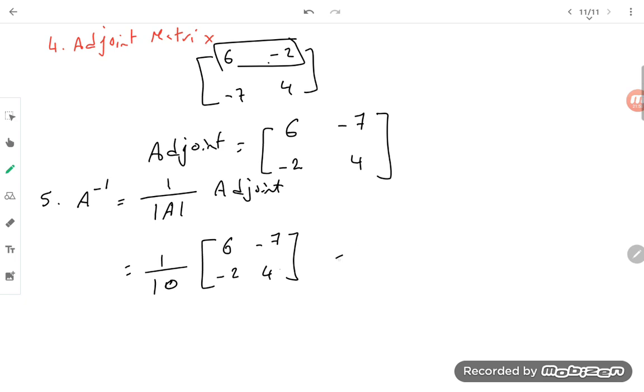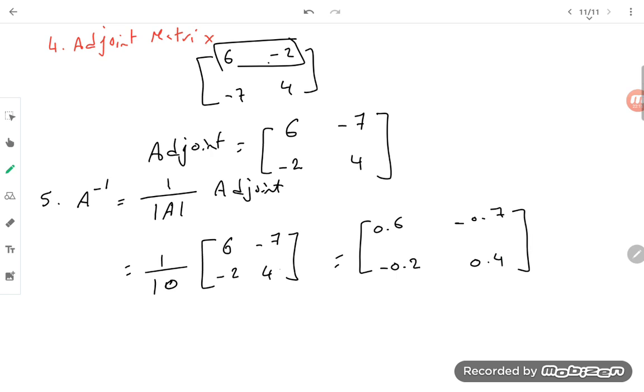So it will be 0.6, -0.7, -0.2, positive 0.4. So this is the inverse of the matrix.